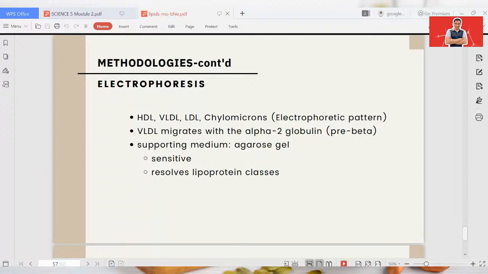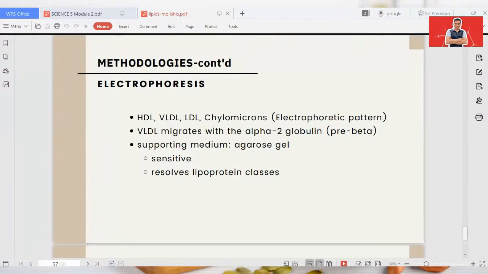So next is the electrophoresis method. Electrophoresis allows the separation and quantitation of major lipoprotein classes as well as subclasses and provides a visual display useful in detecting unusual variant patterns. So sa electrophoresis, meron tayong HDL, VLDL, LDL, chylomicrons.